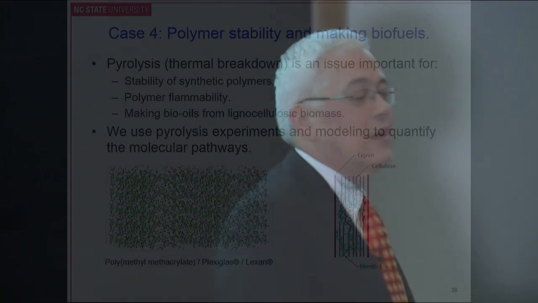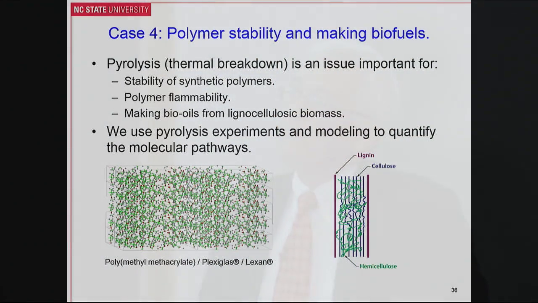The final case, a double case, is looking at the polymer stability and making biofuels. If you're trying to look at fire-safe polymers, you want them to be stable. If you have polymer flammability issues, you may simply want not to be stable, but to give off non-flammable gases.